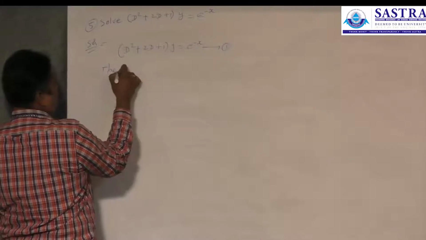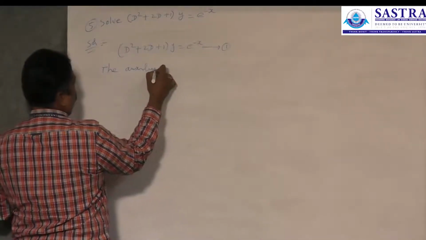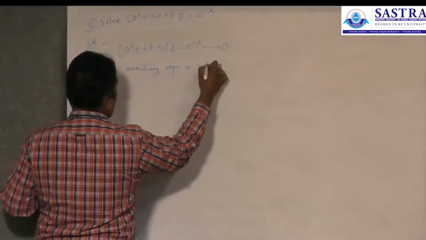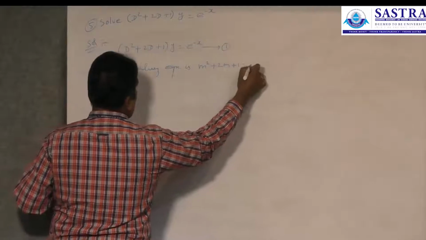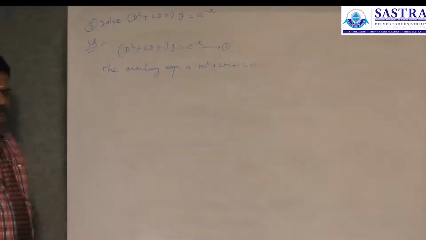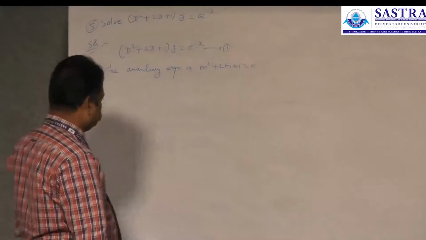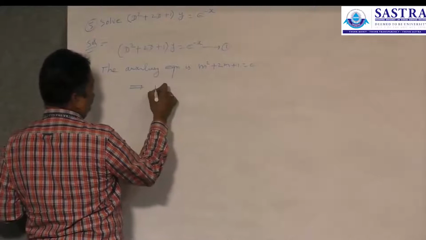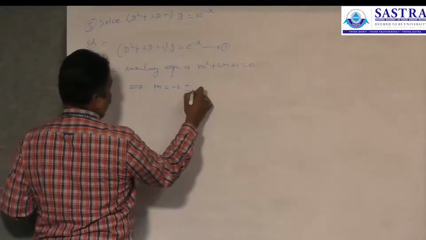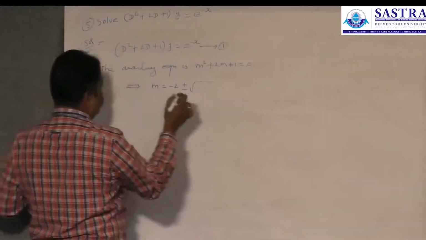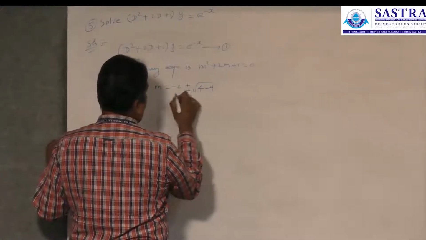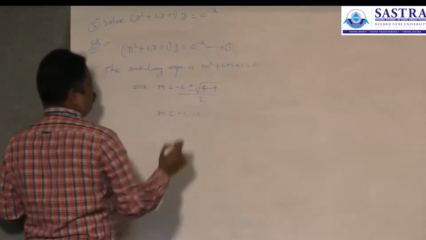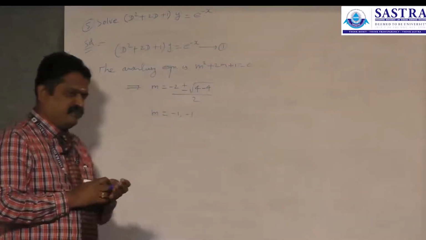The auxiliary equation is m square plus 2m plus 1 is equal to 0. On solving this, we get m is equal to minus b plus or minus root of b square minus 4ac divided by 2a, which is equal to minus 2 plus or minus root of 4 minus 4, that is 0, divided by 2.